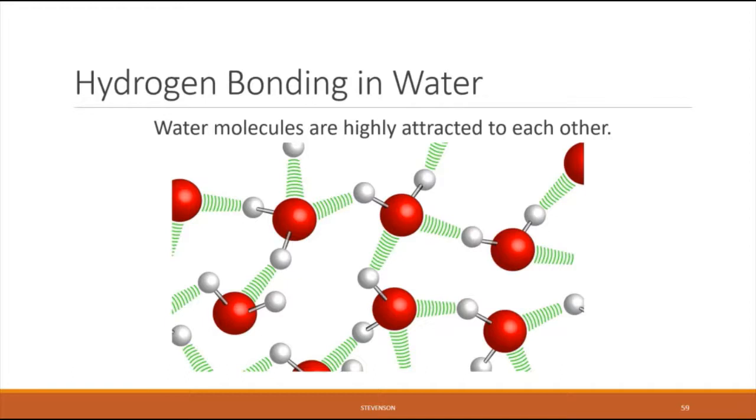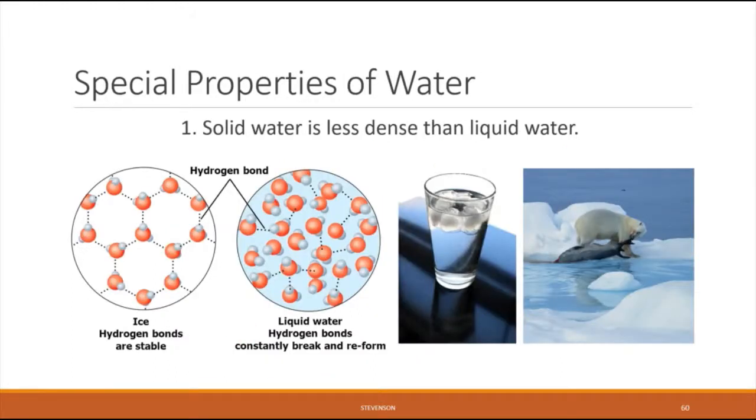In total, there are 5 special properties of water that allow this substance to be necessary and supportive of life as we know it. So in the final part of this lecture, what we're going to be doing is talking about those 5 properties and how they result from the ability of water to do this thing that we call hydrogen bonding. The first of these properties is that solid water is actually less dense than liquid water.